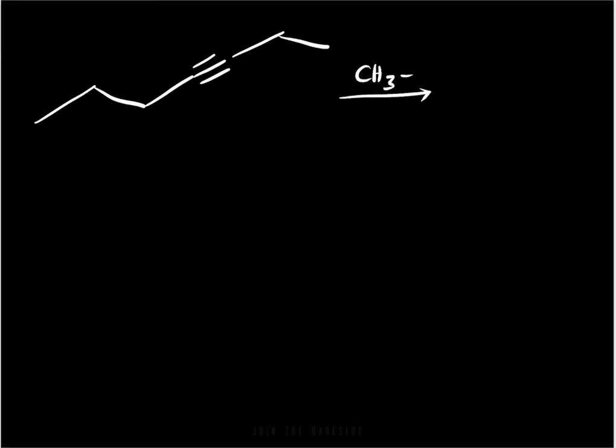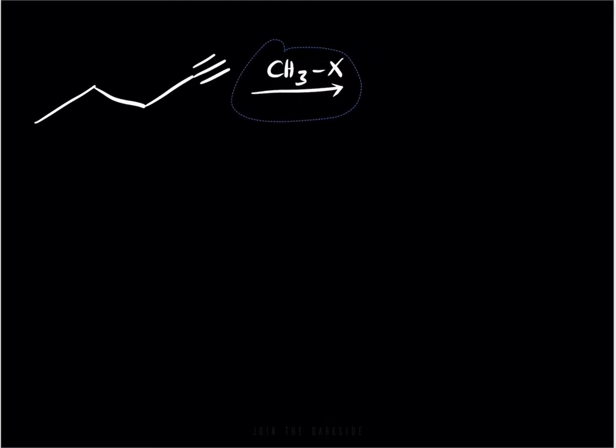Let's take a simple example. Say a terminal alkyne undergoes a reaction with CH3–X. Let's consider X to be Br. Br takes its electrons and goes out.